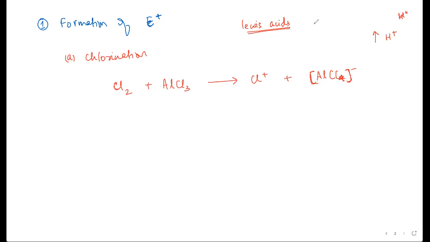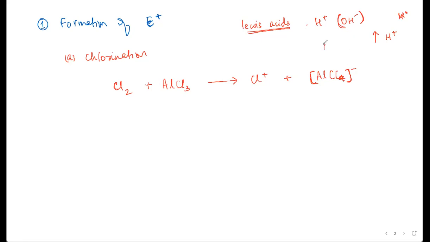So when you put a Lewis acid in water, what sort of ions does water contain? H plus and OH minus, right? When you put certain types of compounds in water, they attract and bond to OH minus.